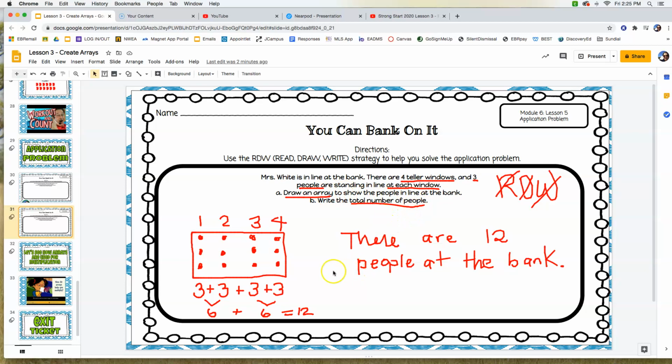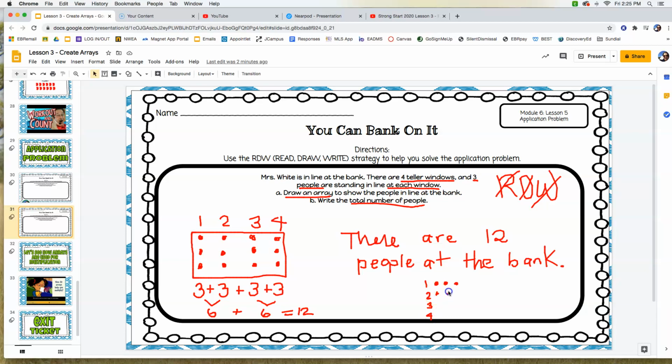Now, if your math model, your array, did not exactly match mine, that's okay. Your array may have looked different. So I'm going to take a moment here to draw the array you might have drawn. You might have done your lines going across where there were 3 people in each line, but your tellers were over here, 1, 2, 3, 4.